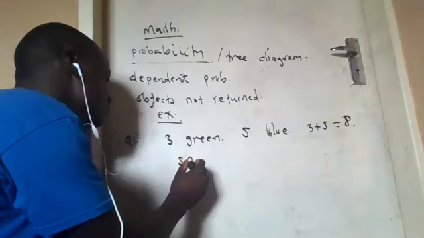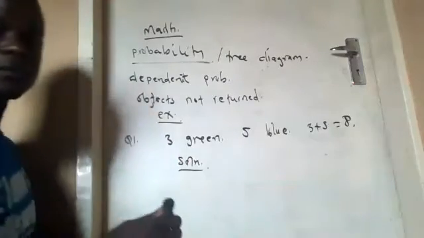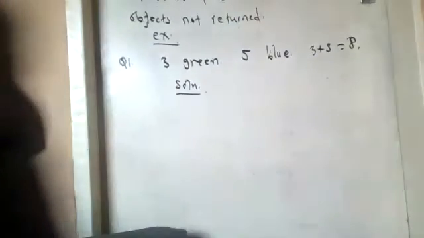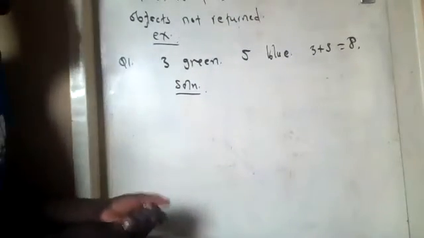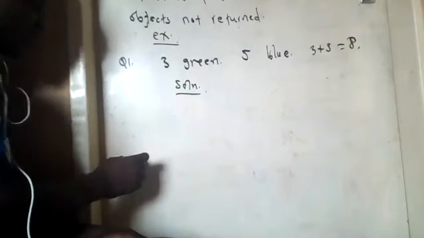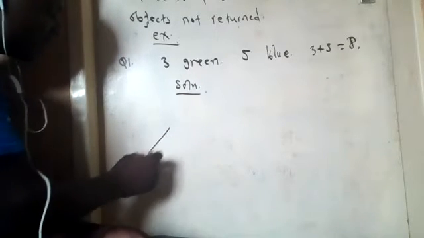Now, how do you do the tree diagram? Remember, the number of branches depends on the number of types of entities. Because there are only 2 types of colors, our tree will have only 2 branches.